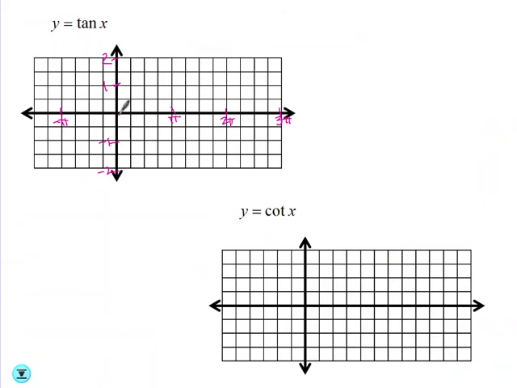So we have 0, 0, pi over 4, 1. Then we have an asymptote. Then negative 1, 0, 1, asymptote, negative 1, 0, and the pattern will continue because we can just keep going around the circle and looking at the values for coterminal angles.